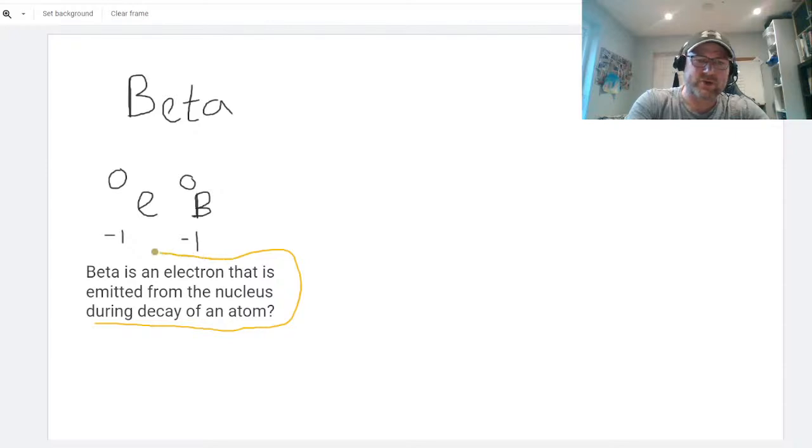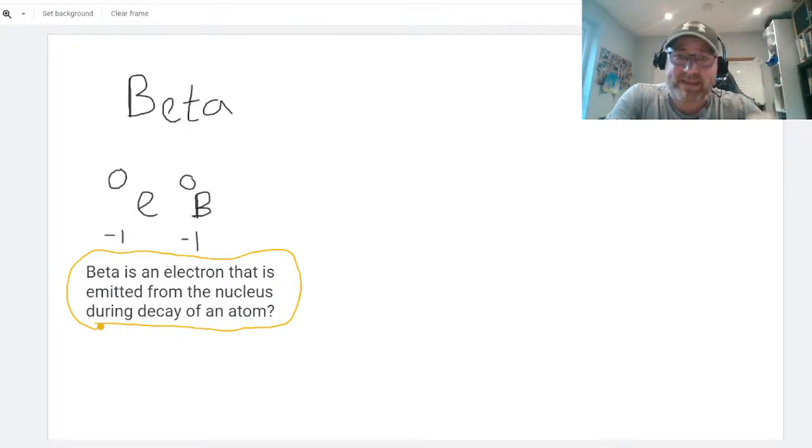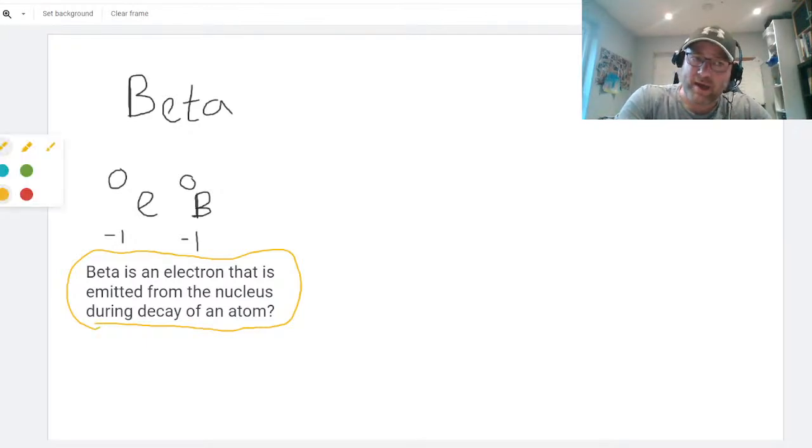Beta is an electron that is emitted from the nucleus during decay. Anyone know why that's a bit weird? Yeah, very good. No electrons in the nucleus. Electrons don't come from the nucleus. Absolutely, well spotted. But beta does. So how is that working out?